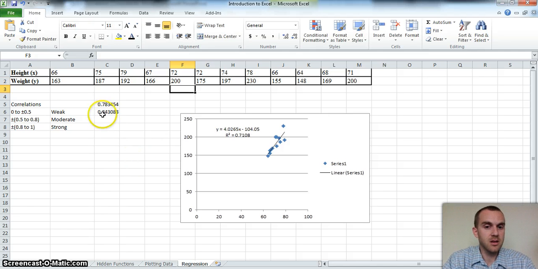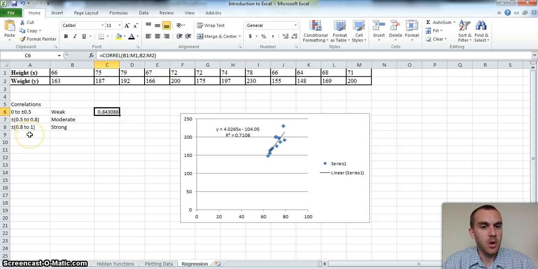All of a sudden, and I can't pay attention to this because I entered this manually, so I'm going to delete it out. All of a sudden, my correlation is now at 84 hundredths. But with that one person losing a little bit of weight, I now have a strong relationship for my correlation to my data. So that's one way I can actually start comparing my data when I'm trying to think about what is the best fit.